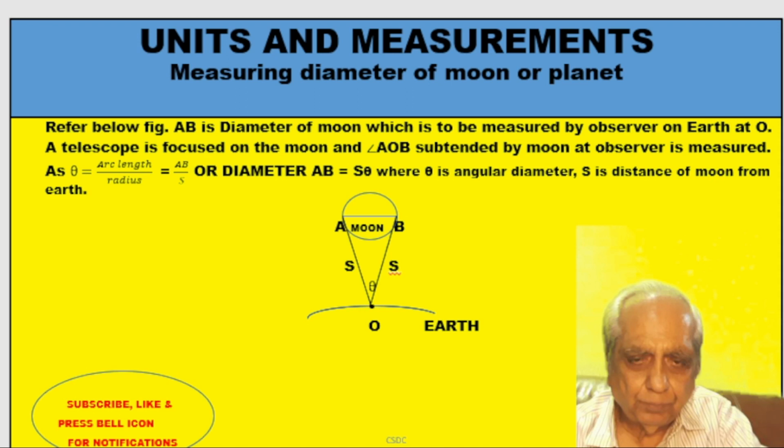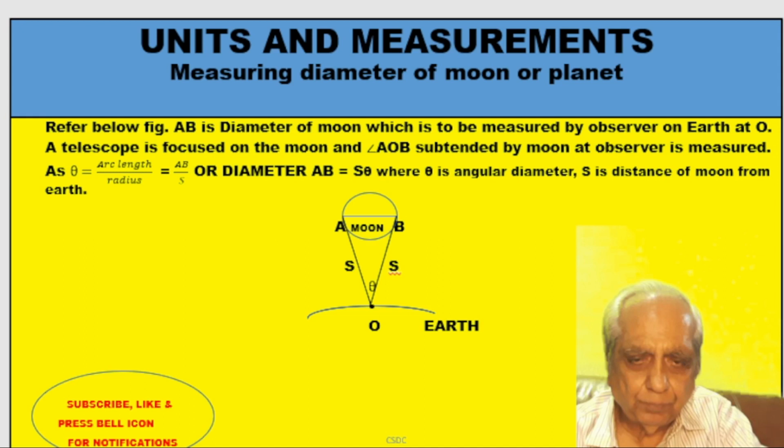I am interested in finding S. I know S, the distance of the moon from the earth, which we have calculated by other indirect methods. So I know S and theta, and I want to calculate the diameter of the moon.